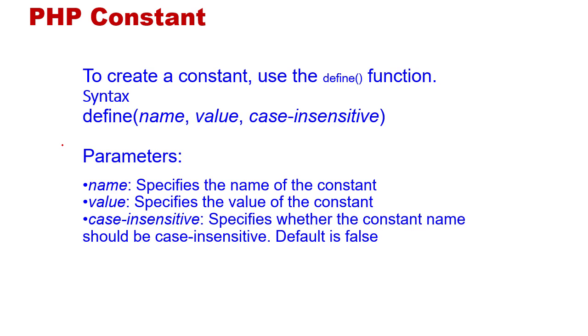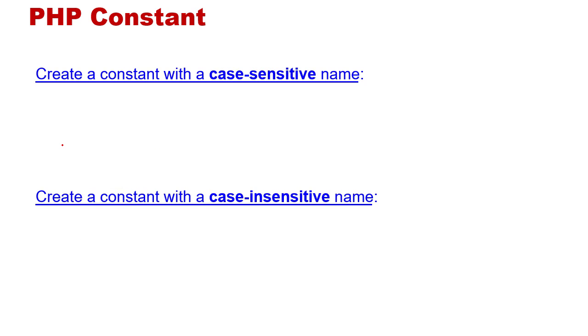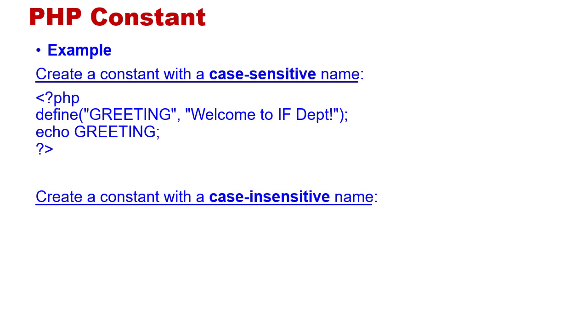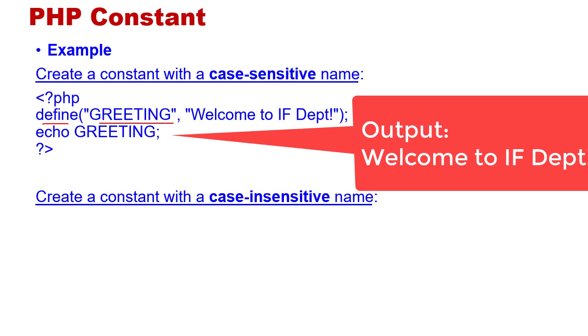Let us try to understand this with one example. In the first case, let us create a constant with a case-sensitive name. Here I have created one constant called GREETING in all caps, and if I mention GREETING here, then "Welcome to IF department" will be printed.